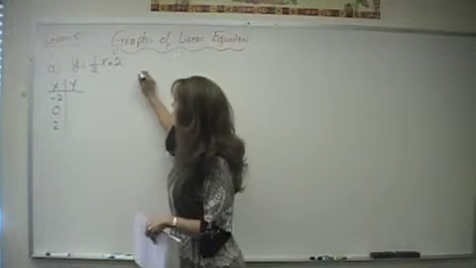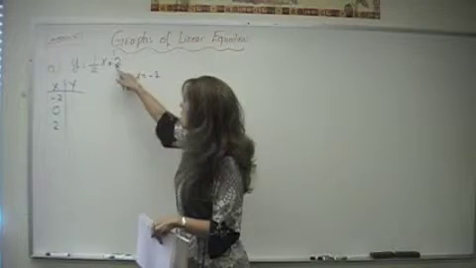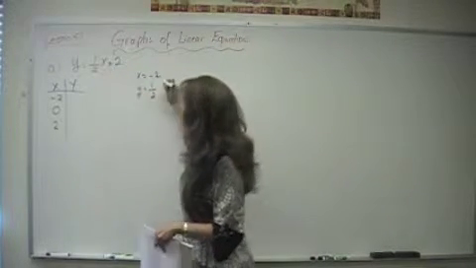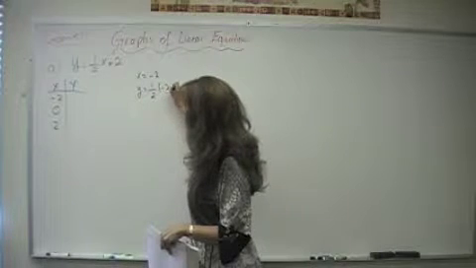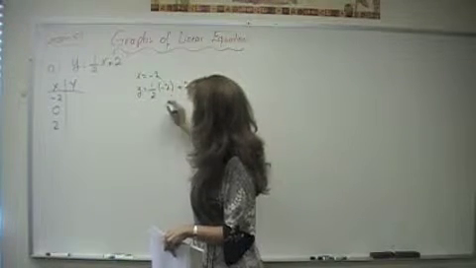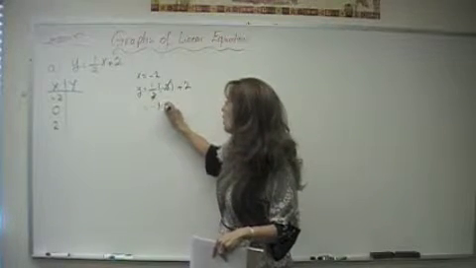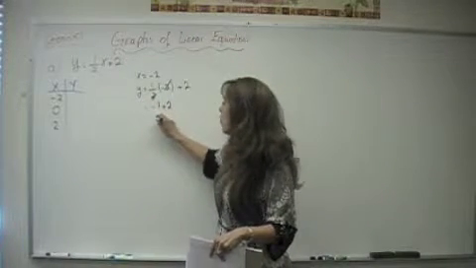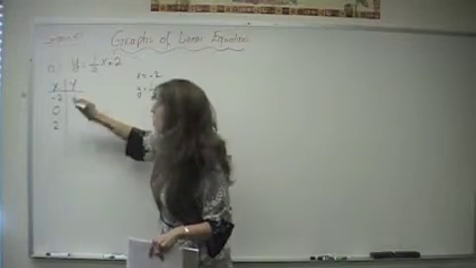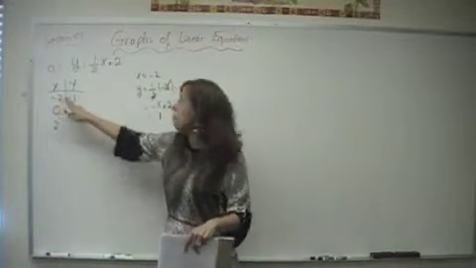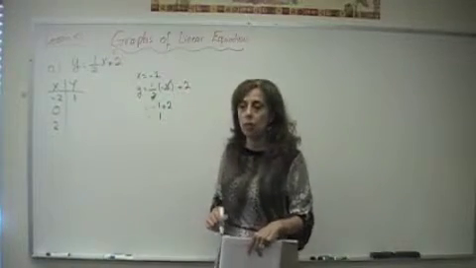So I'm going to substitute x equals -2 in this equation. Y equals 1/2, x is -2, so I put -2 right here, plus 2. The 2 and the 2 are gone. So here I have -1 plus 2, that would be 1. So at the point x equals -2, y equals 1.